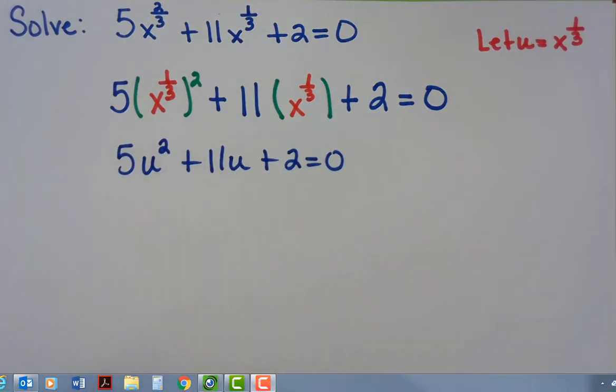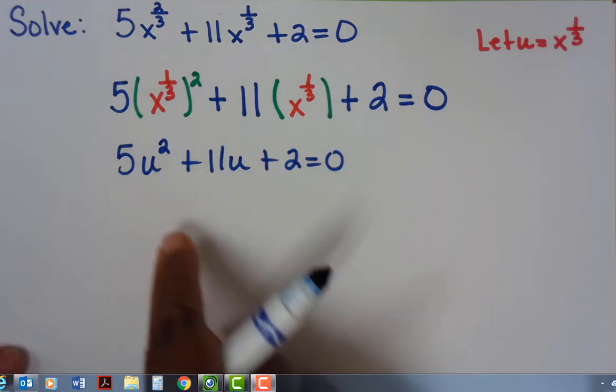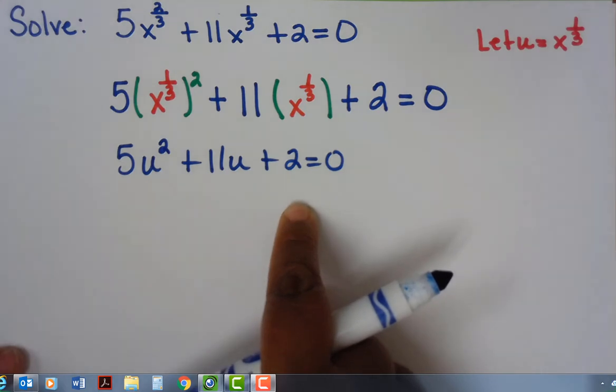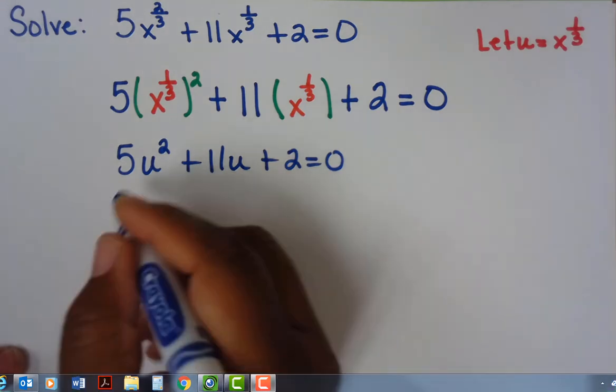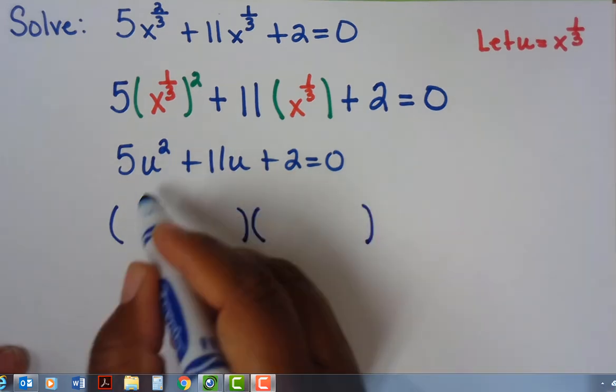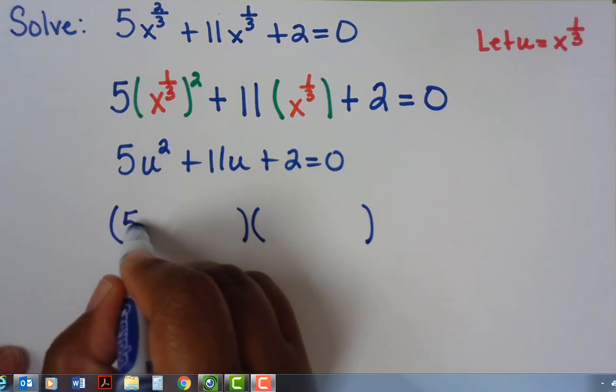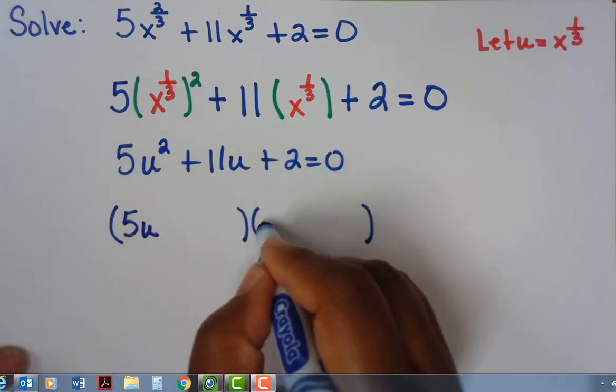Now we can here again solve by the quadratic formula, completing the square, or graphing, but I'm going to see if this can be factored. And I know that we can factor this trinomial. In our first term we have 5u squared, so we're going to break that down: 5u and u.